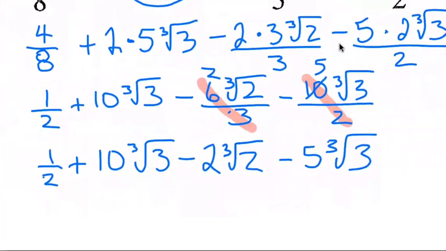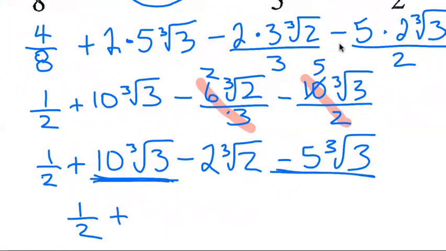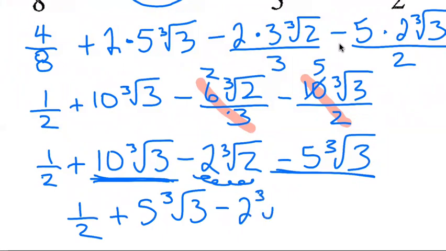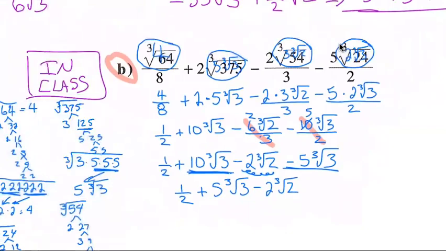There's no other constants I can combine the 1/2 with, so it stays as 1/2. I can combine this 10 cube root 3 with this minus 5 cube root 3, so 10 minus 5 is 5 cube root 3. And then this one's lonely, no other things to simplify with, minus 2 cube root 2. And there's that example finished.